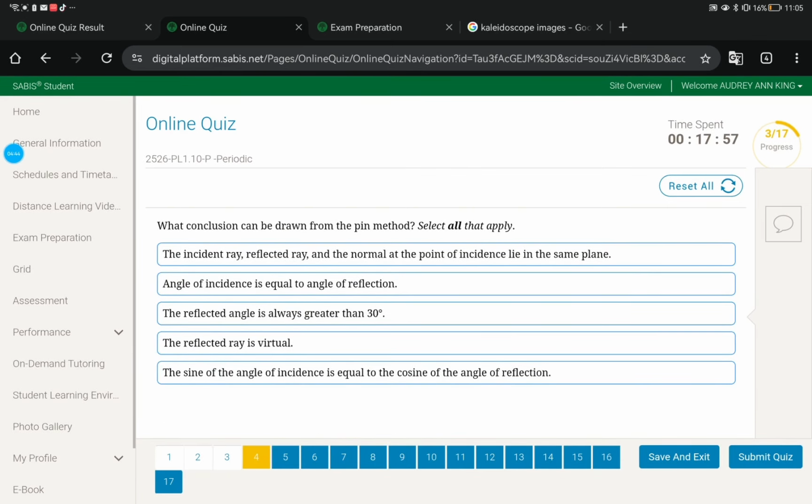What conclusion can be drawn from the pin method? It's very difficult to explain the pin method. The easiest way is to watch a video on how the pin method works, and you'd understand better.